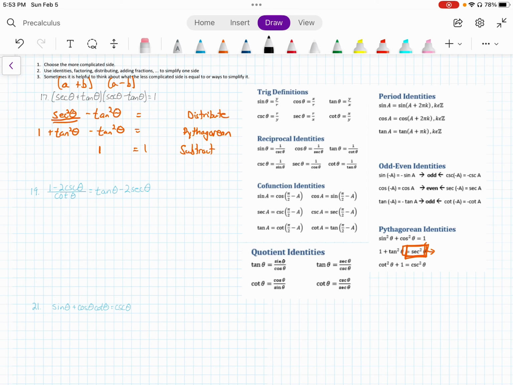So I'm just going to separate this into 1 over cotangent theta minus 2 cosecant theta over cotangent theta. And what I did is I just used the common denominator there and separated it into 2 terms.